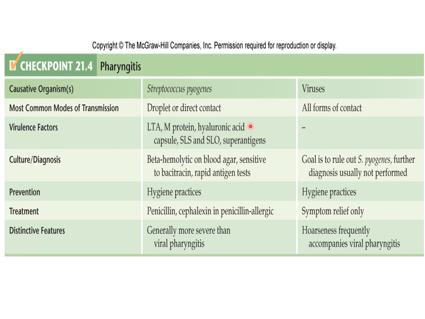There are multiple virulence factors that we're going to talk about later when we talk about strep pyogenes in detail, such as the M protein, hyaluronic acid capsule, and the superantigens. The diagnosis: beta hemolysis on blood agar. If we take a swab from the pharynx of the patient and grow it on blood agar, then strep pyogenes, if present, is going to lead to beta hemolysis.